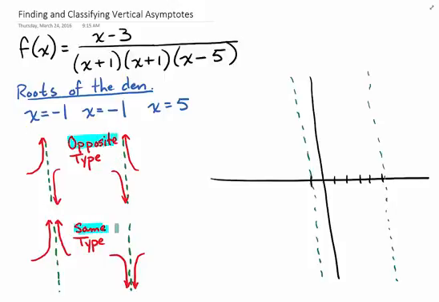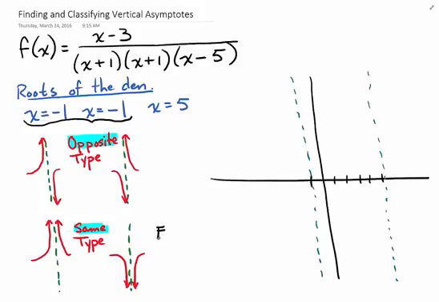And the classification works like this. What you do is you look at the multiplicity of the root of the denominator. So again, let's look. Here's the root -1. It shows up twice. Its multiplicity is 2, which is an even number.